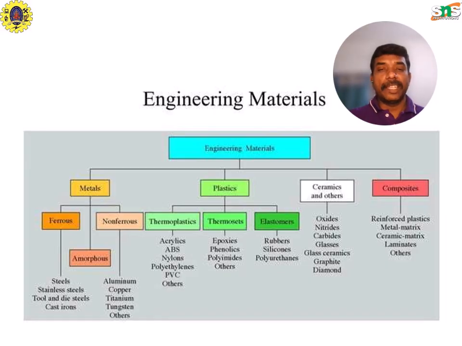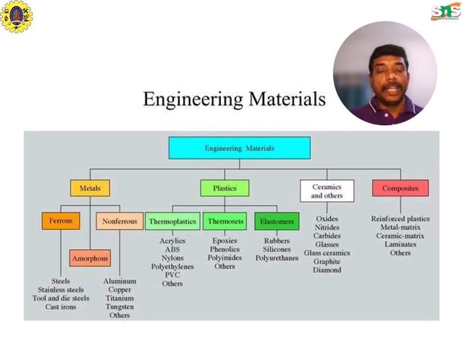Generally, we call the materials engineering materials because these are the materials that are used for engineering applications, that is for day-to-day life, in every application. The engineering materials can be broadly classified into metals, plastics, ceramics, or composites. Metals can be further divided into ferrous metals and non-ferrous metals. The metals can be either crystalline or amorphous. So the metals that do not form the crystalline structure can be classified under the title of amorphous.